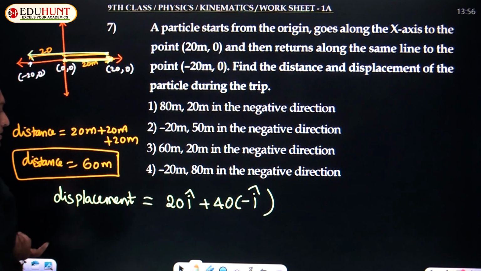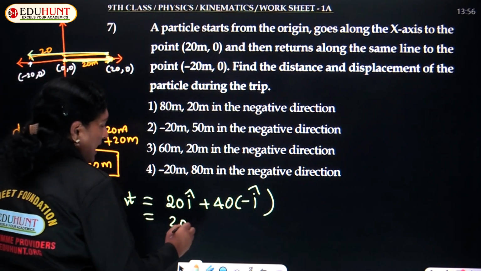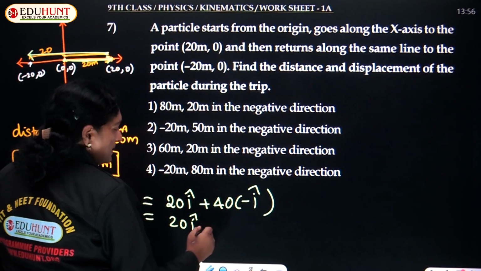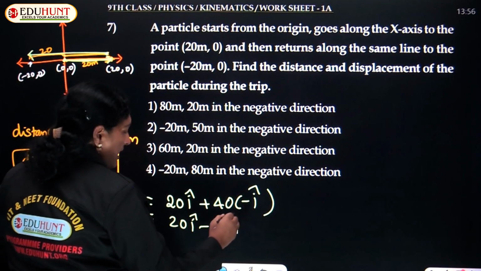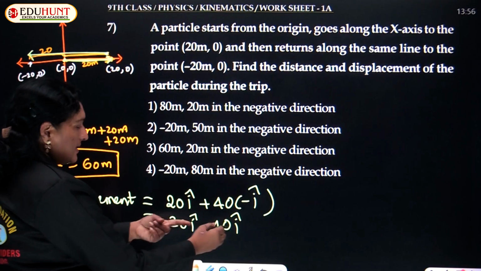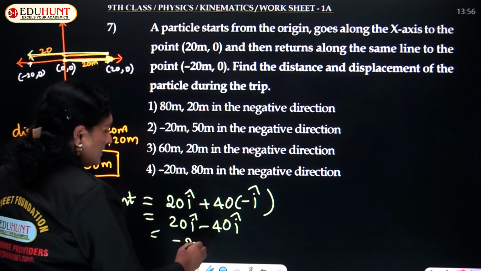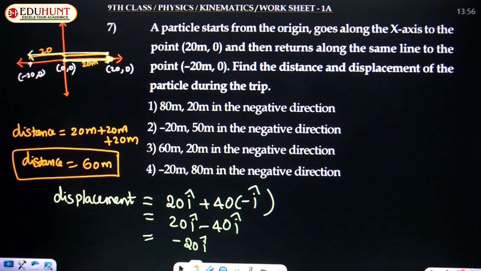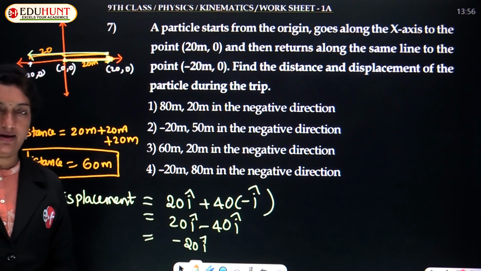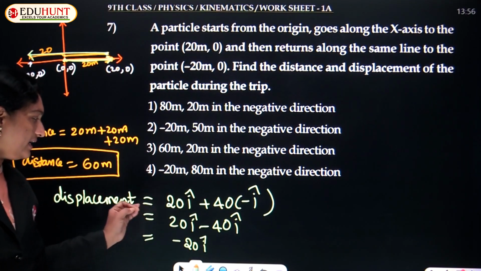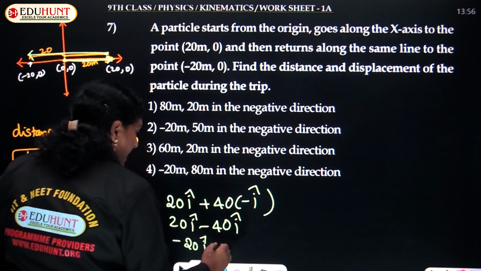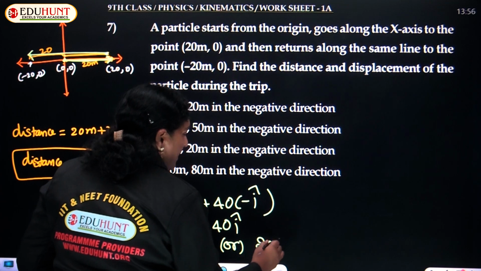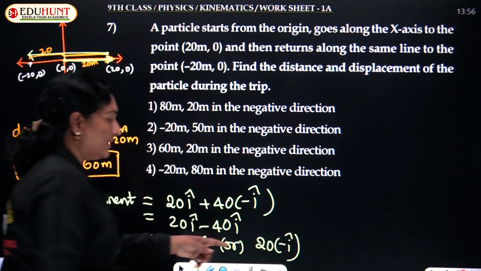Remember that. So, 20 i cap plus 40 times minus i is minus 40 i cap. So, this is also i, that is also i. Finally, you get the displacement of this body as minus 20 i cap. So, very clearly, I can even write this as 20 times minus i cap. What does it mean?